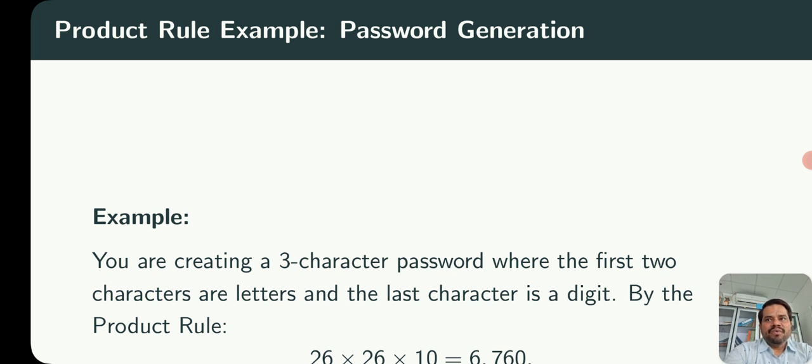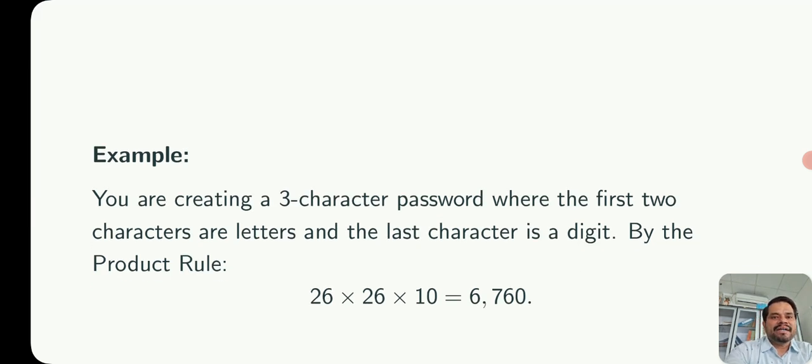Suppose you need to create a 3-character password, where the first 2 characters are letters and the last character is a digit. By using this combination, you can find the total number of possible passwords using the product rule.